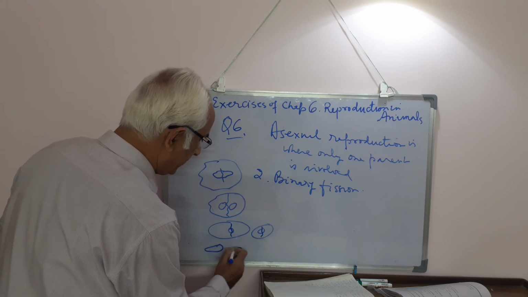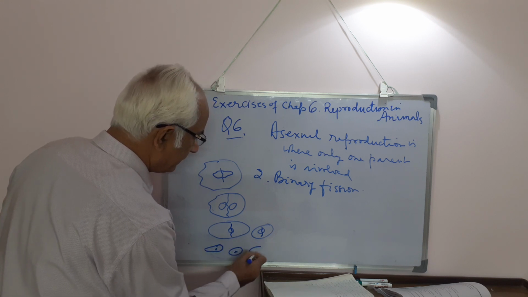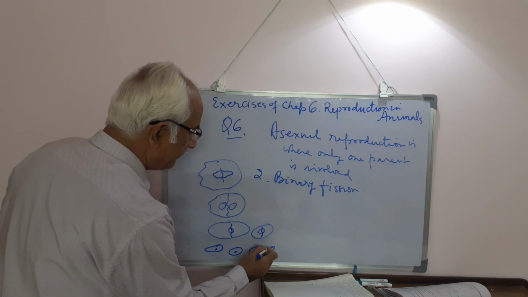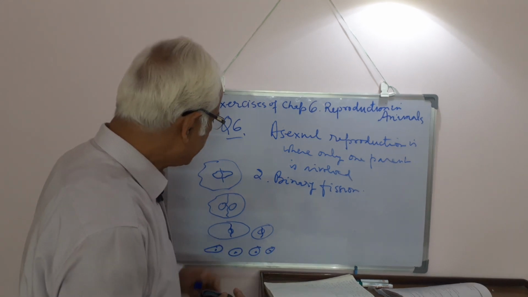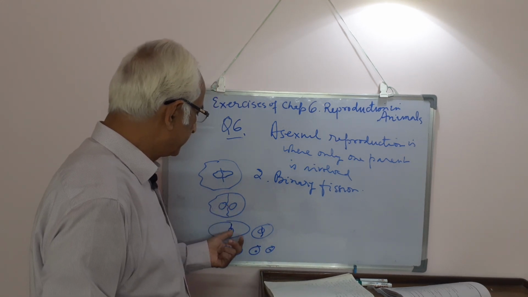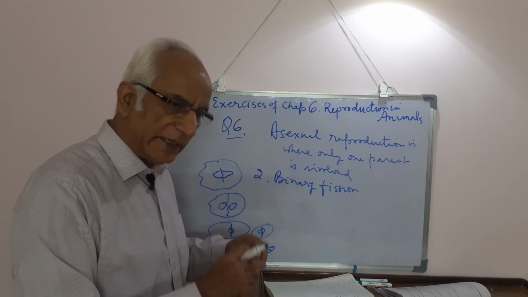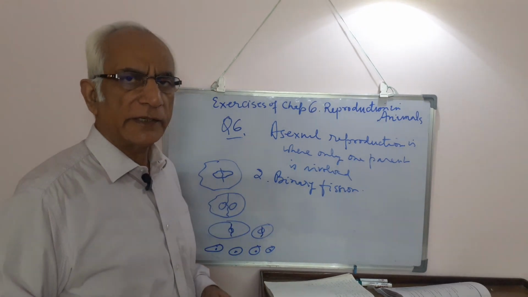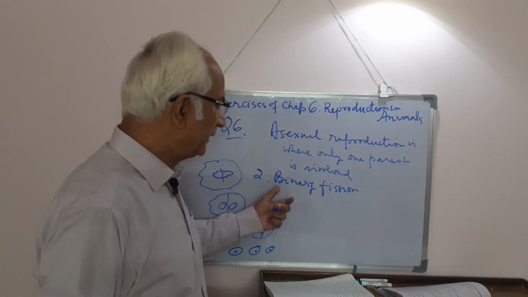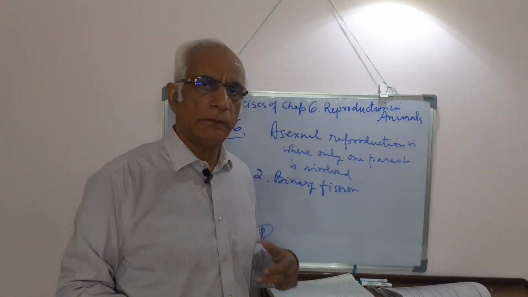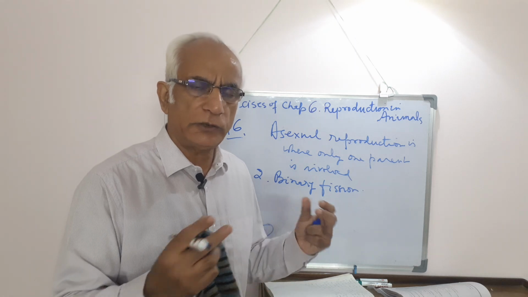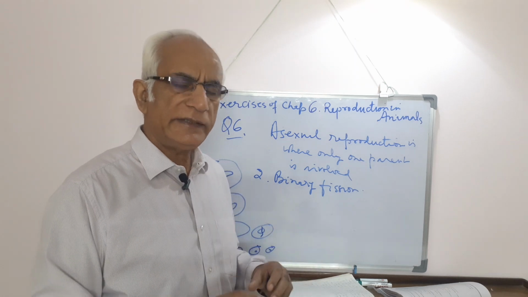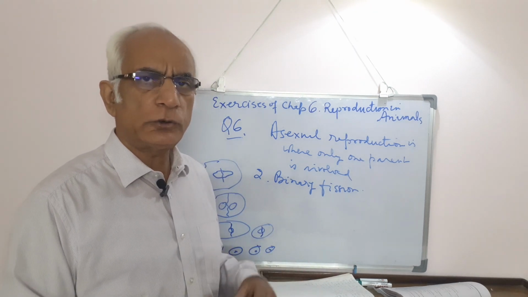They will also split. Every cell, the nucleus will split into two parts, and then the cell will split and it will become an offspring. In binary fission, the nucleus will become large and then it will split into two nuclei, and then the cell will split into two cells.